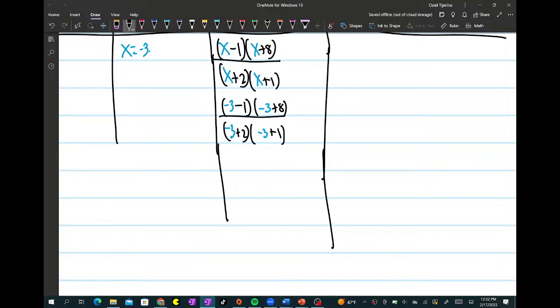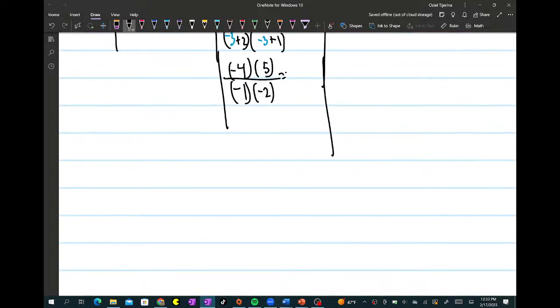This becomes negative 4 times 5 over negative 1 times negative 2. This becomes negative 20 over 2, which is negative 10.